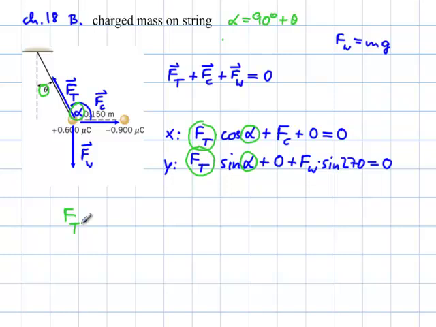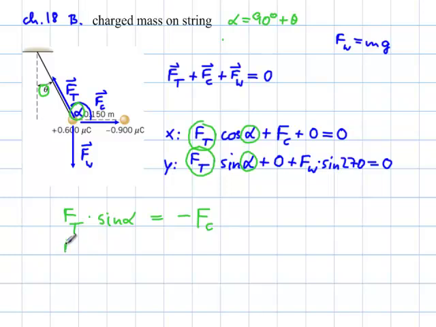Okay, I'm not going to change the color at this point. So Ft times sine alpha, that was supposed to be an alpha, and that equals negative Fc. Notice that Fc actually will be a positive number as it points to the right, but of course I brought it to the other side, so that introduces a negative.